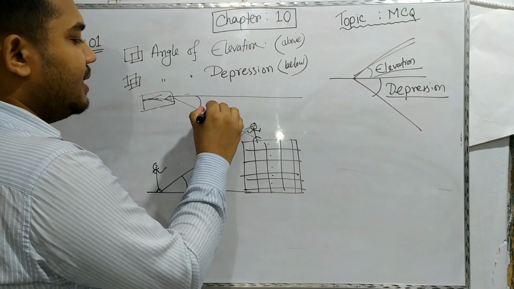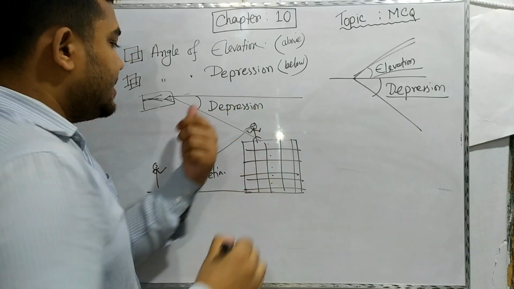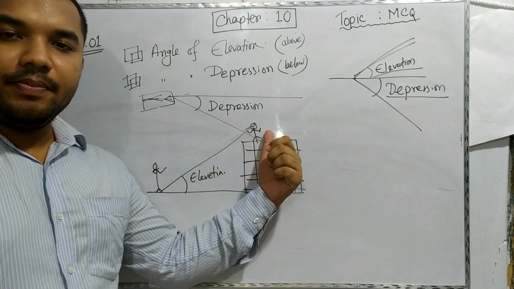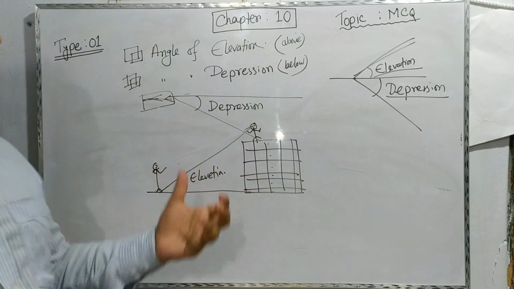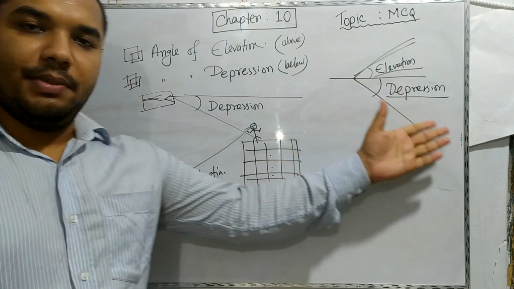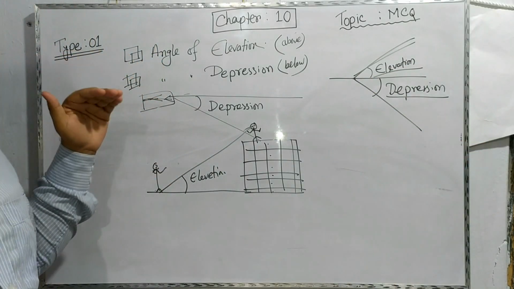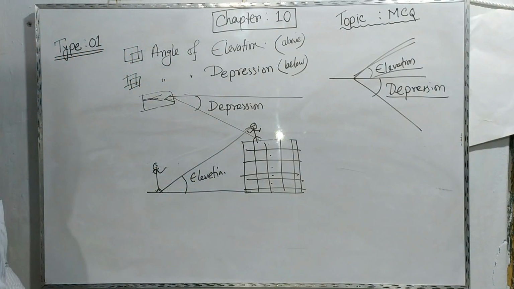This angle must be the angle of depression. This angle will be the angle of depression, but here this angle will be the elevation. I think now your concept will be clear about the angle of elevation and angle of depression, isn't it? Okay, thank you. So this was our first type. Now we are going to our second type, math.